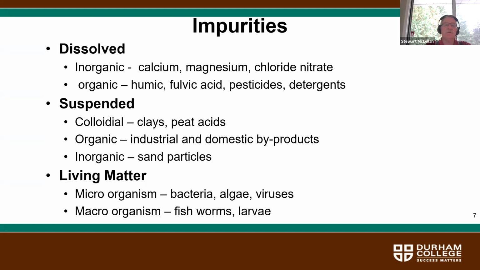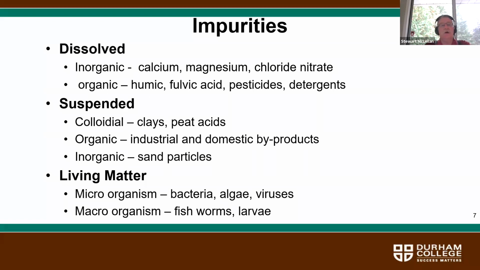When we look at calcium and magnesium, those types of contaminants are actually what contribute to the hardness level of water, and hard water can be a significant issue for any type of treatment system, or even in residences that use groundwater as their drinking water source.